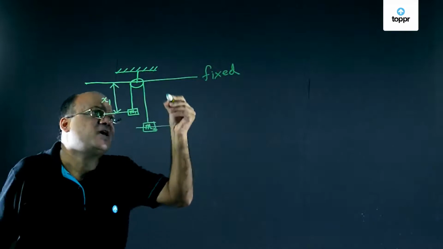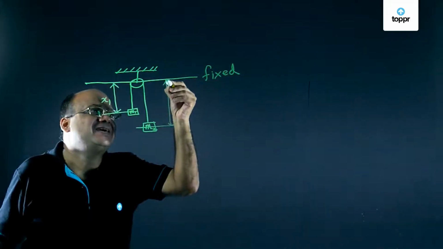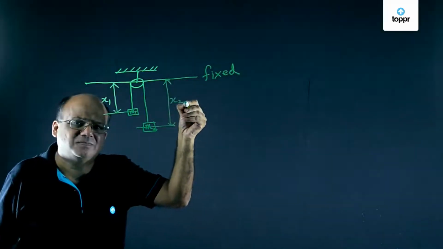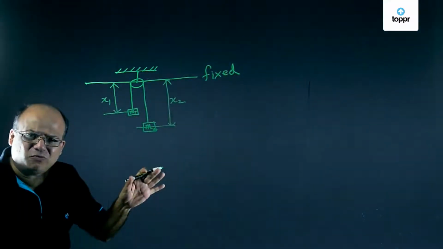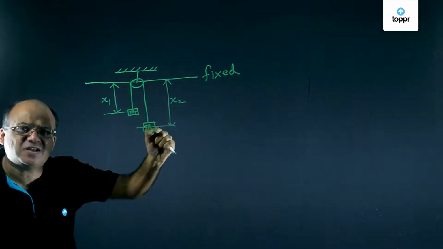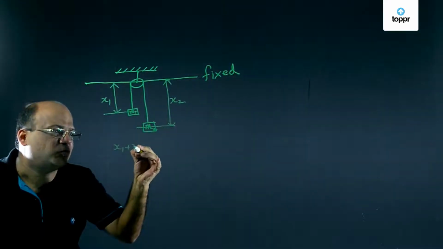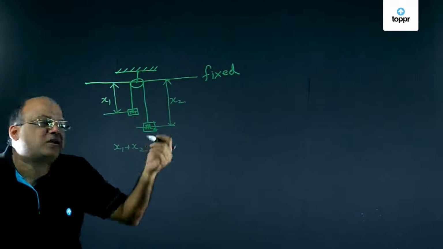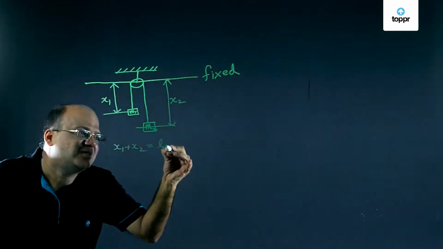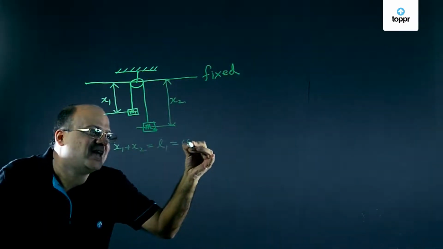And the distance to M2, we'll call it x2. As these masses move, the length of this string remains constant. So x1 plus x2 will be approximately equal to the length of this string, L1, and that will be constant.